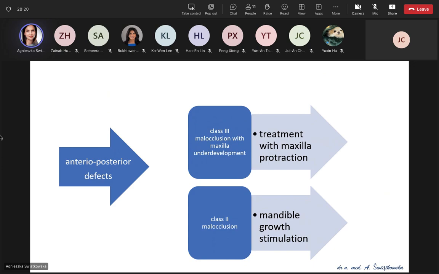Now we'll talk about anterior-posterior defects. So here we have treatment with maxilla protraction. So treatment of class 3 malocclusion with maxilla underdevelopment, and class 2 malocclusion, here in this defect we want to achieve advancement of lower jaw.